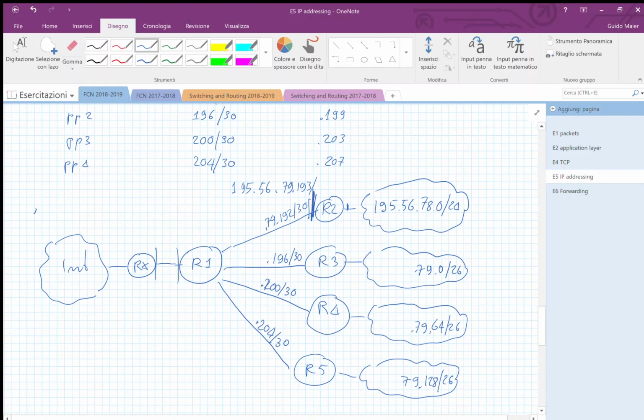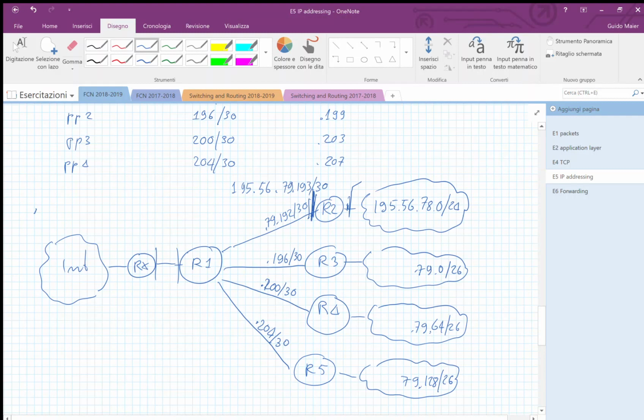Okay, and remember that you have also to specify the net mask when you are defining an interface, which is not actually part of the interface IP address, because that is a 32-bit IP address, but it is related to the network that interface belongs. Okay?